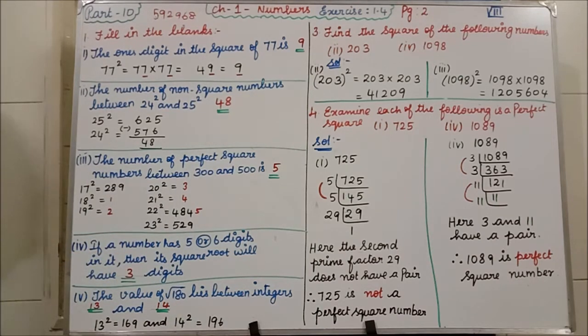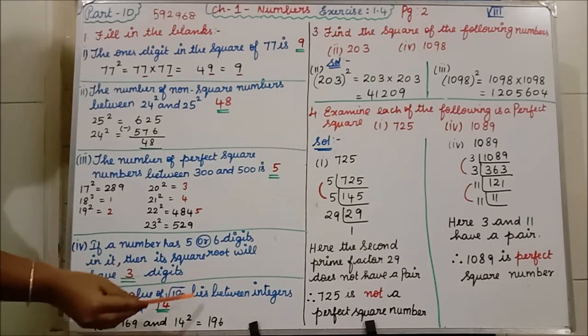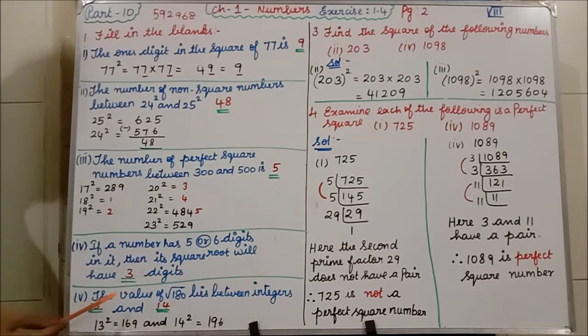Clear? Next, the value of square root of 180 lies between integers dash and dash. The square root of 180 lies between 13 and 14. Why? 13 square we know is 169 and 14 square is 196.